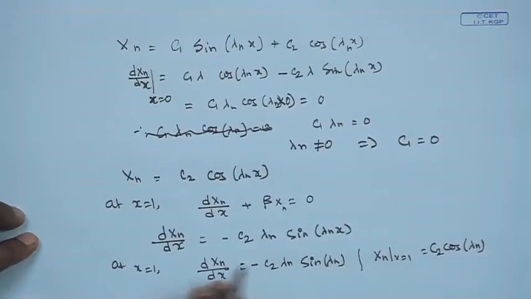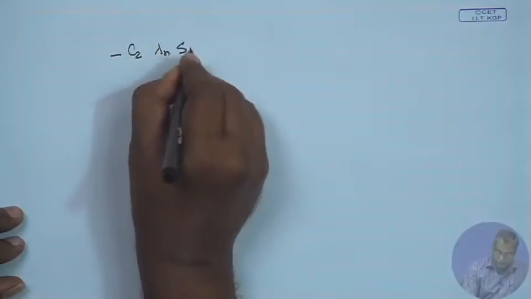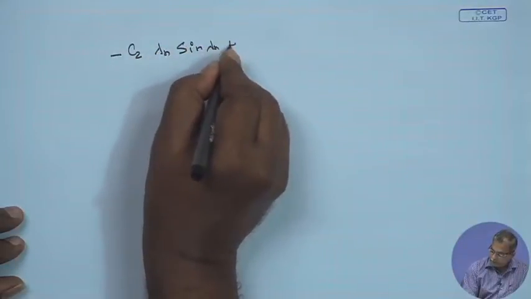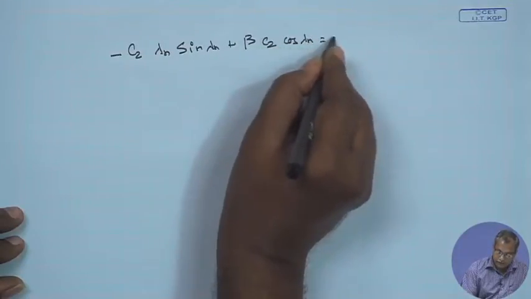Then we substitute this into the boundary condition at x is equal to 1, and let us see what we get. We get minus C2 lambda n sin lambda n plus beta C2 cos lambda n is equal to 0.